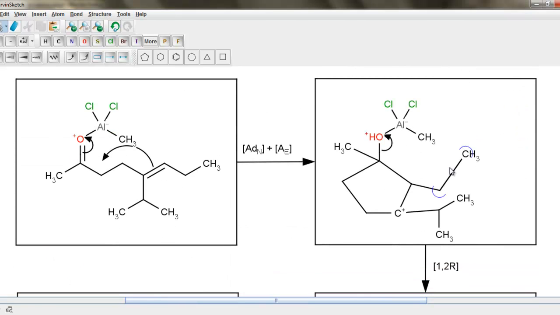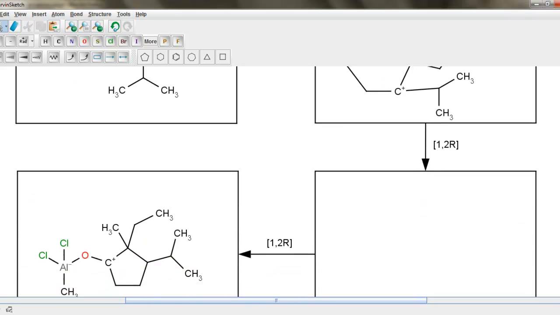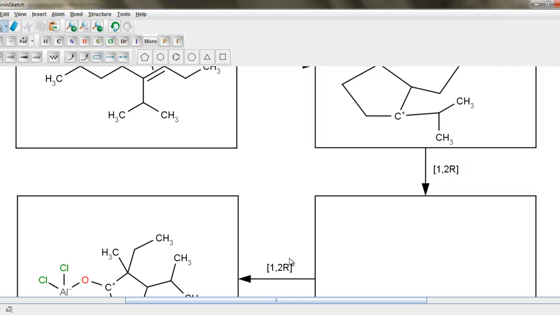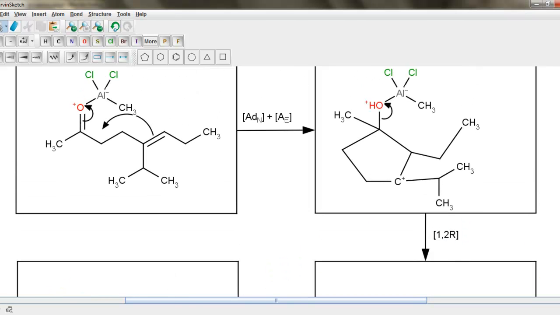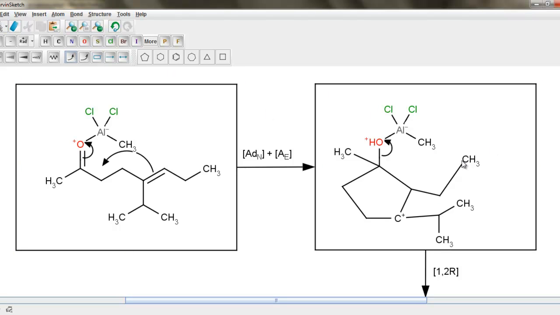So I'm going to want to bring this guy here, switch spots, and I have 1,2 rearrangement steps. So I'll be able to get there through quite the journey.